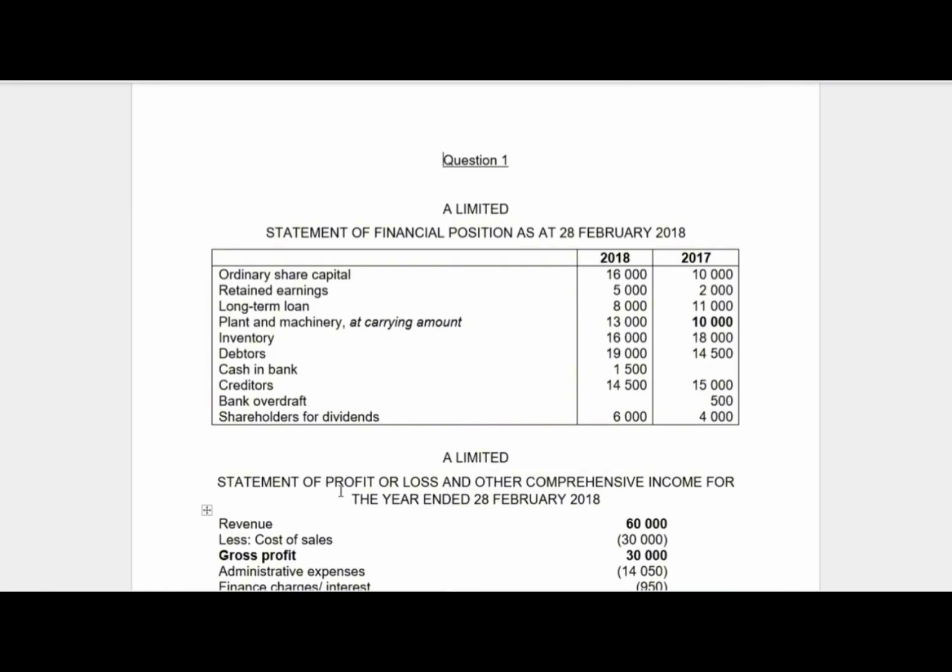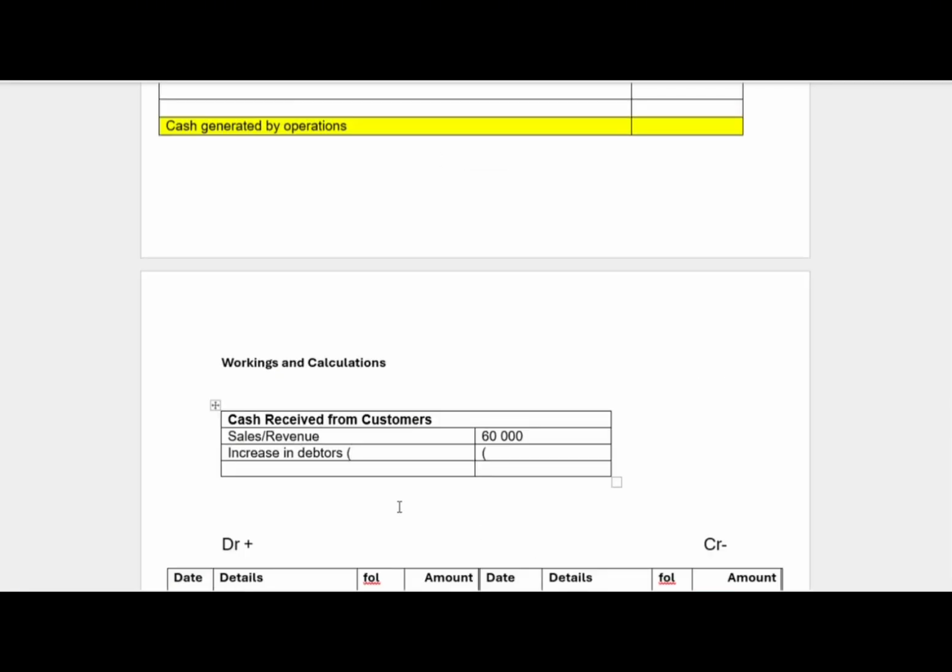When you check right there, your debtors in the current year increased from the previous year from 14,500 to 19,000 rand. So in your calculation, in brackets, you say 19,000 minus 14,500, right?